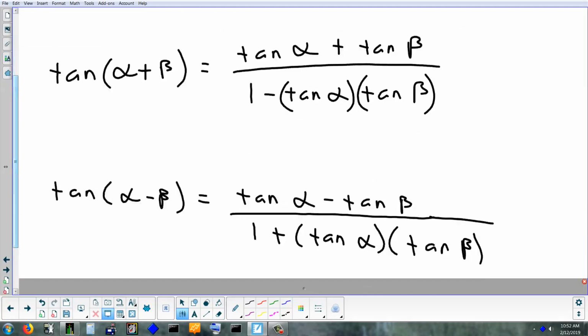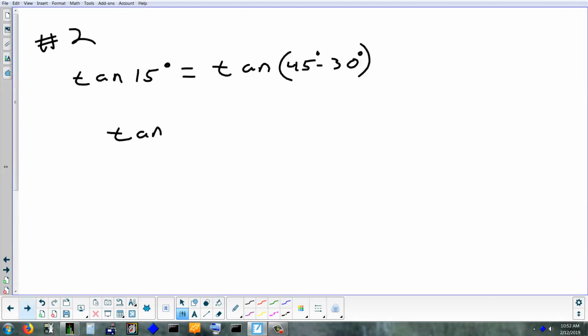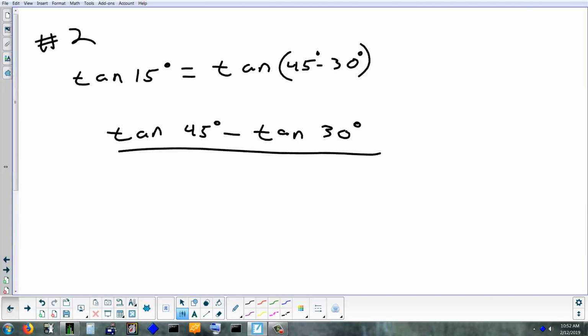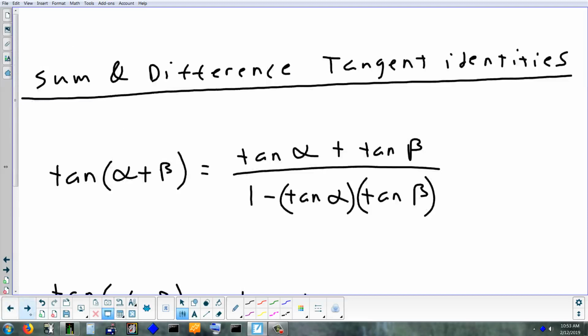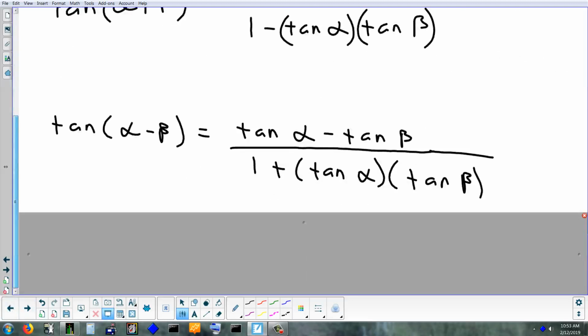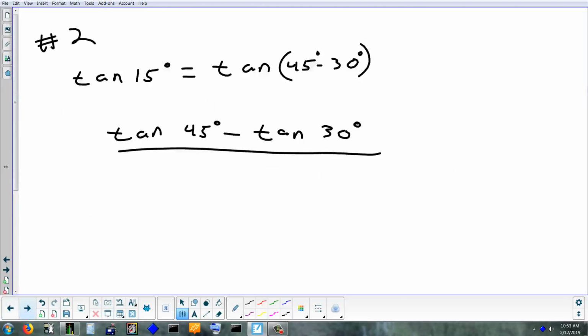All right, so it's tangent of the first minus tangent of the second over 1 plus the product of the tangents, first and second. So 1 plus tangent 45, tangent 30.